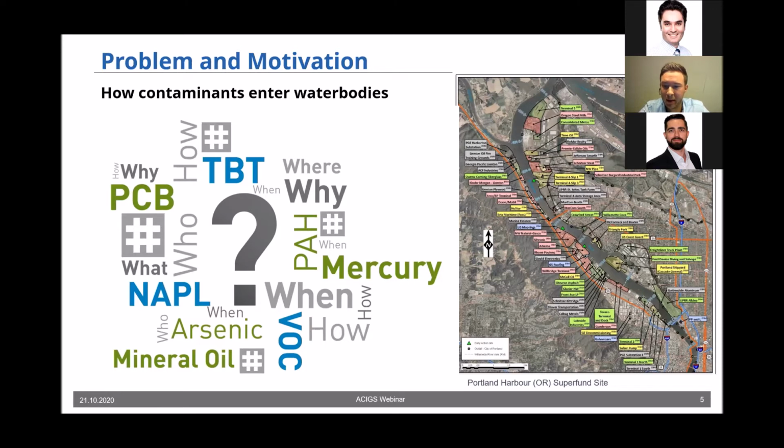As you can see here, this is another picture from the Portland Harbor, where you can see what type of industry is very close to the river. I can't go into much detail about all these different contaminations today, but I want to give you a short picture of where the different types of contaminants originate from.